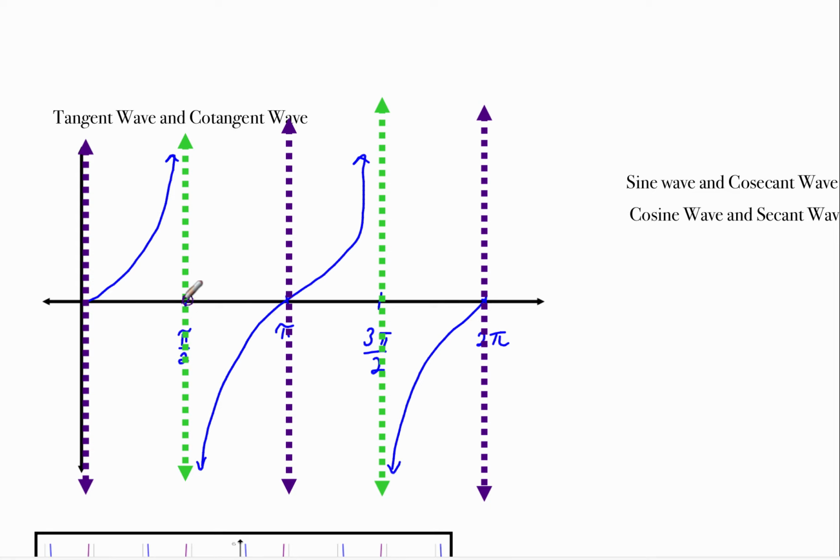Wherever tangent was undefined, cotangent is defined. And wherever the tangent wave was getting very big, the cotangent wave was getting very small because we're taking the reciprocal of it. That's why they have a reversed mirror image of each other.